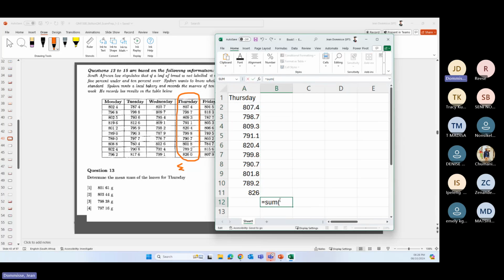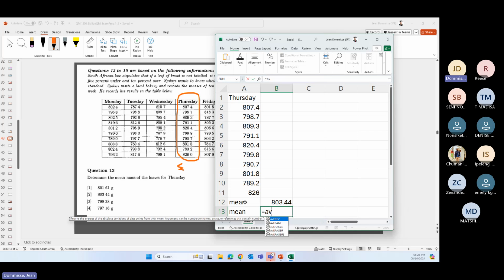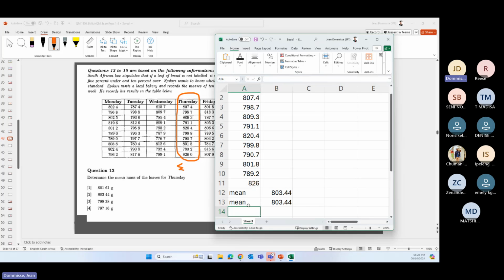That is how we would have done it on the calculator. The sum of that divided by 10 would have given us the average, or in Excel, there is also the function of mean, which is just average. So we could have just taken the average of all of those numbers, and it's supposed to give us the same answer. So 803.44.